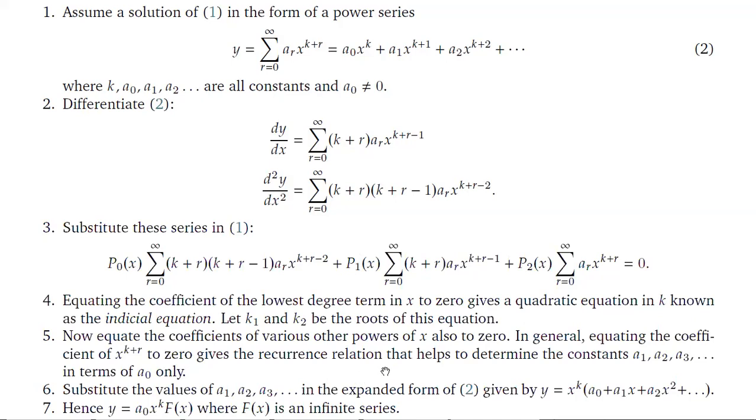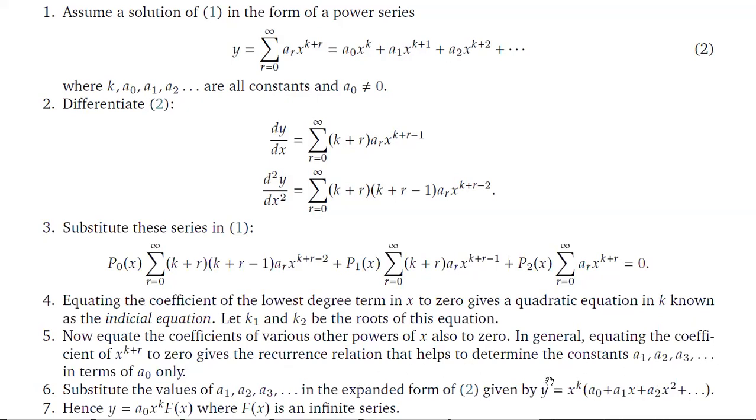Using that recurrence relation, we calculate the values of a1, a2, a3, etc. All the other remaining terms will be calculated, but all these terms will be expressed only in terms of a0. That is, a1 will be in terms of a0, a2 will be in terms of a0, a3 will also be in terms of a0, like that.